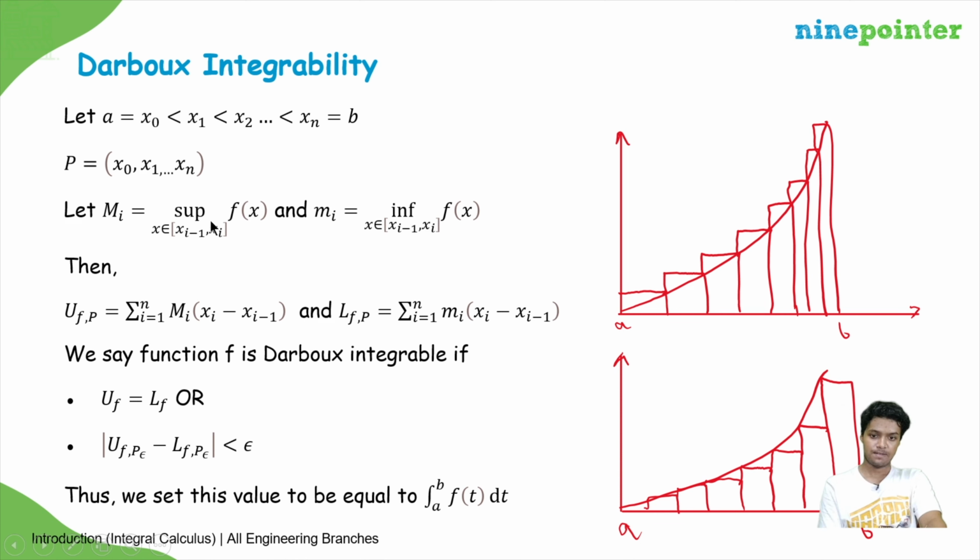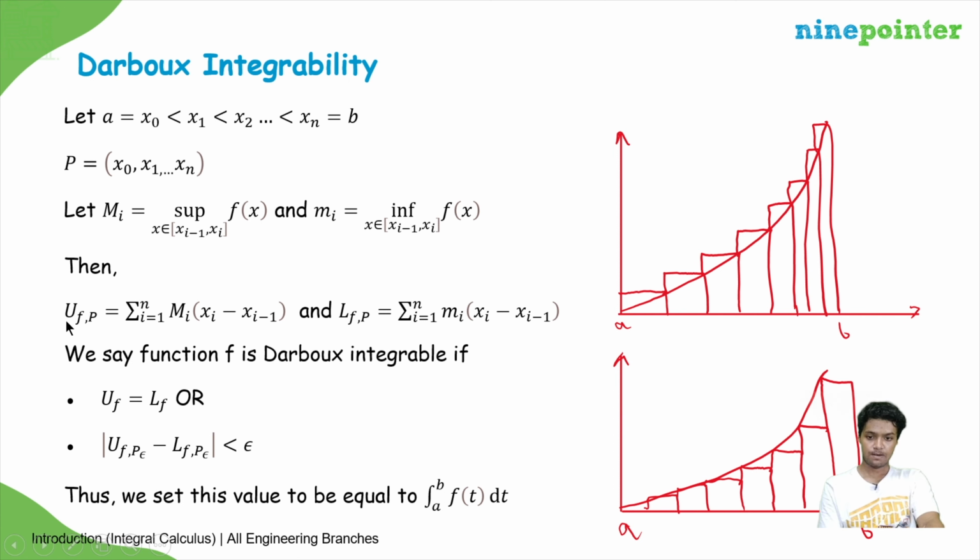Capital Mi is defined as the supremum value of f(x) in the interval x_{i-1} to x_i, which is basically the maximum value the function takes in this interval. Similarly, small mi is called infimum, or the minimum value of the function in this interval.